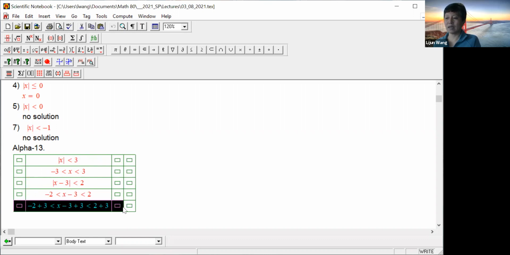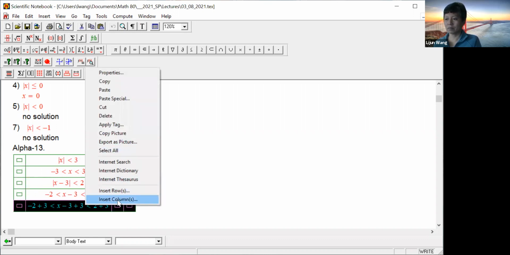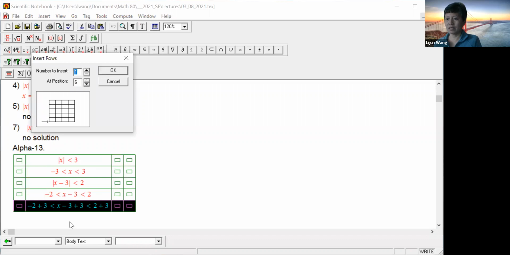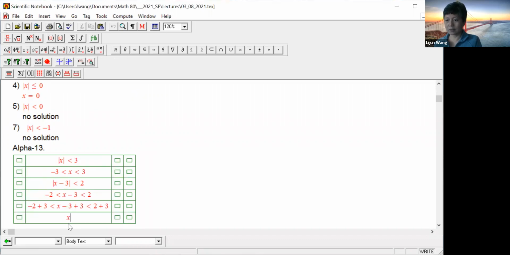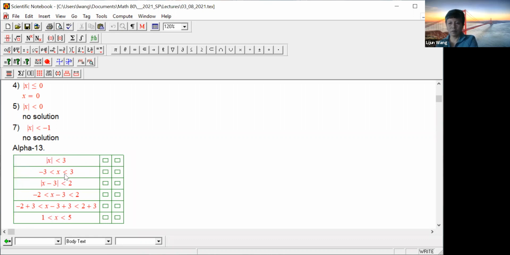And so in the end, we get x larger than 1, smaller than 5. Do you see the analogy?